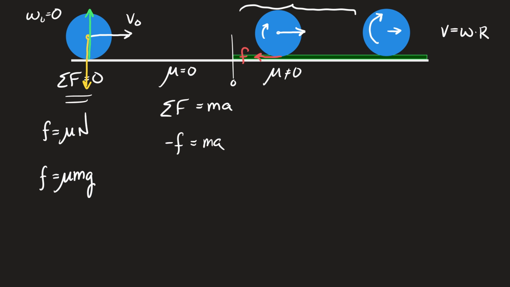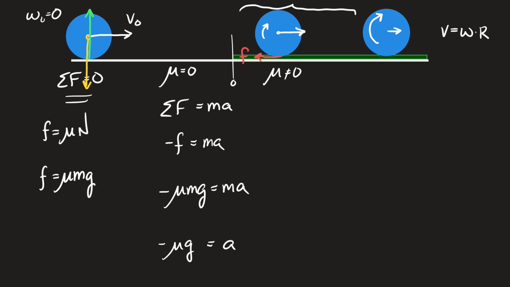And if I do a substitution, I'll get minus mu mg equals ma. Good enough so far? Now, I'm going to notice right away that I can write this as a equals minus mu g.